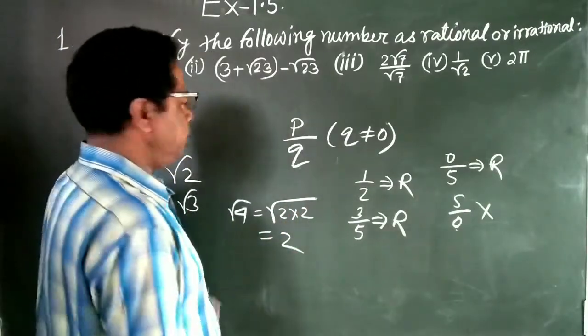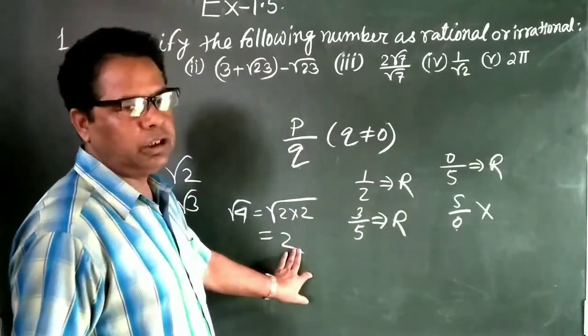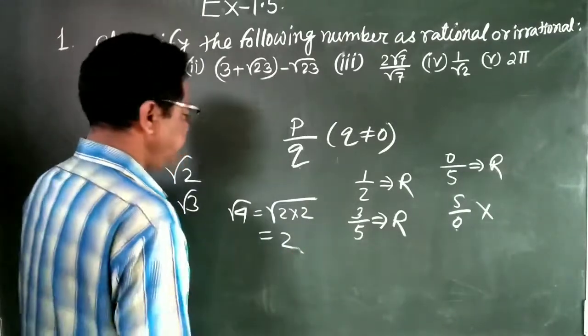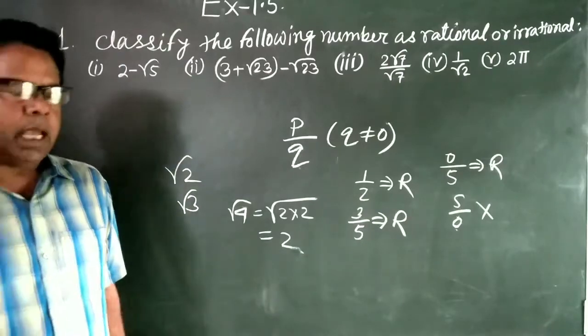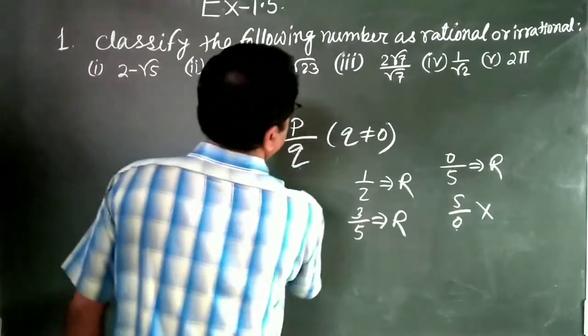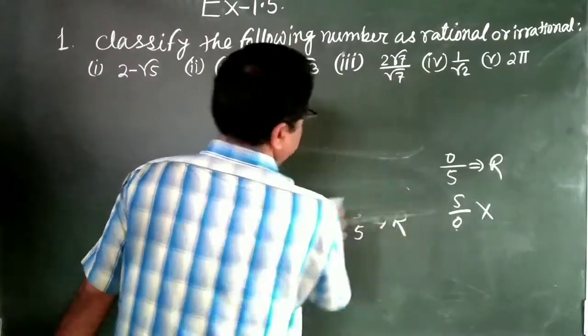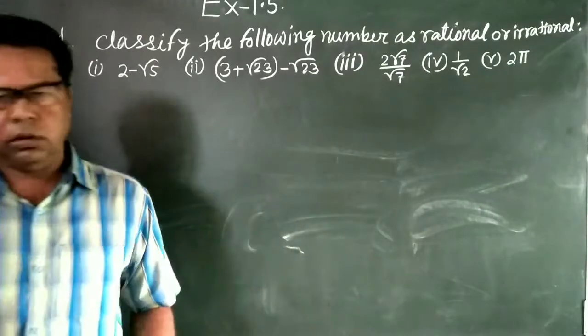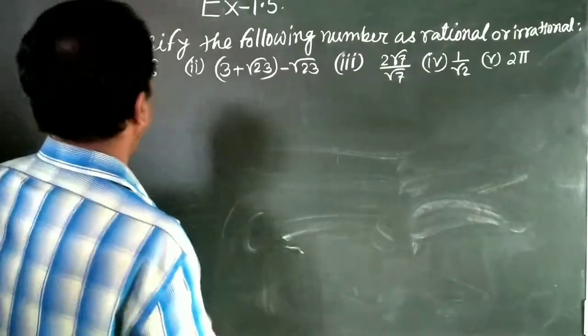The value of root 4 is 2, which is free from root. That is why it is a rational number. And irrational numbers are always non-terminating and non-repeating decimals.